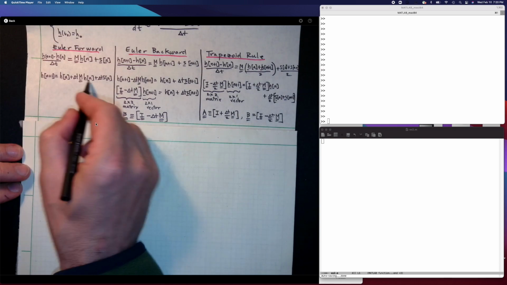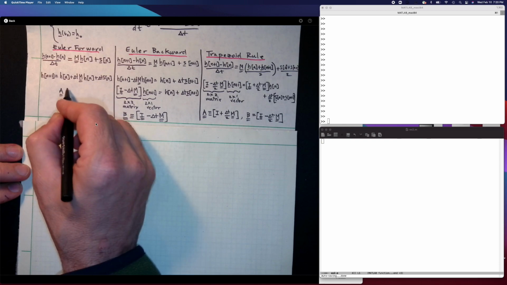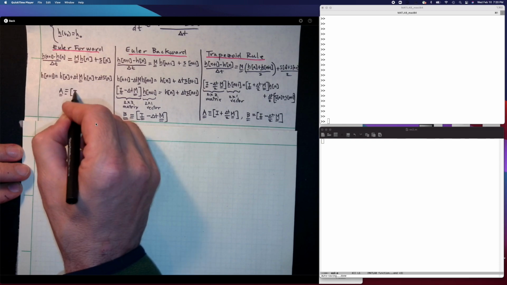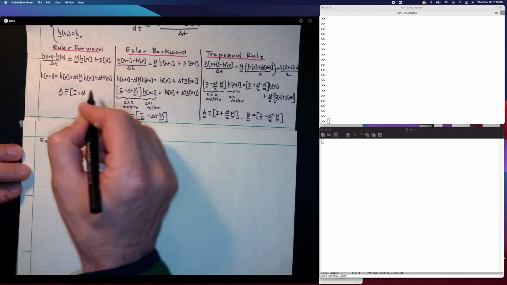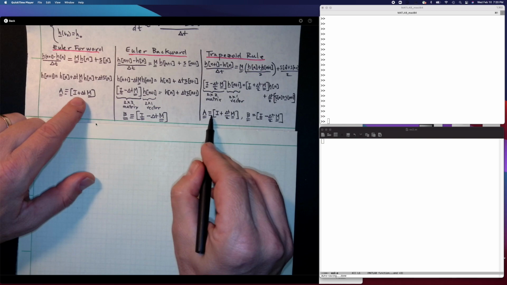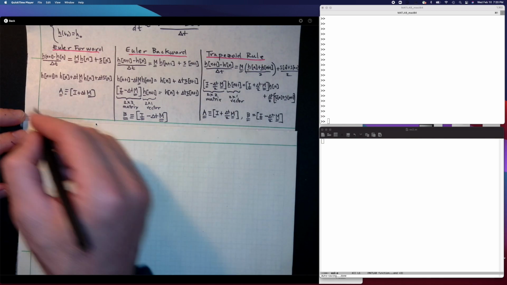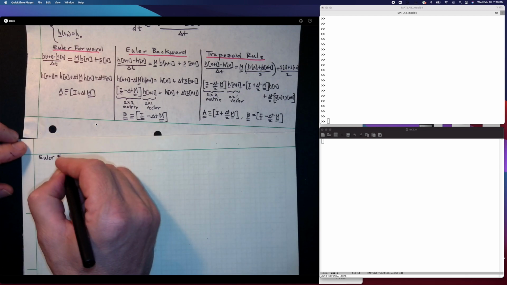Oh, actually I should define a matrix over here, right? This one, I'll call this A, because here I could factor out the h. So let me define I plus delta t times m, which is consistent. I have the plus and the plus. So this A and B are very similar to these ones. Forward.